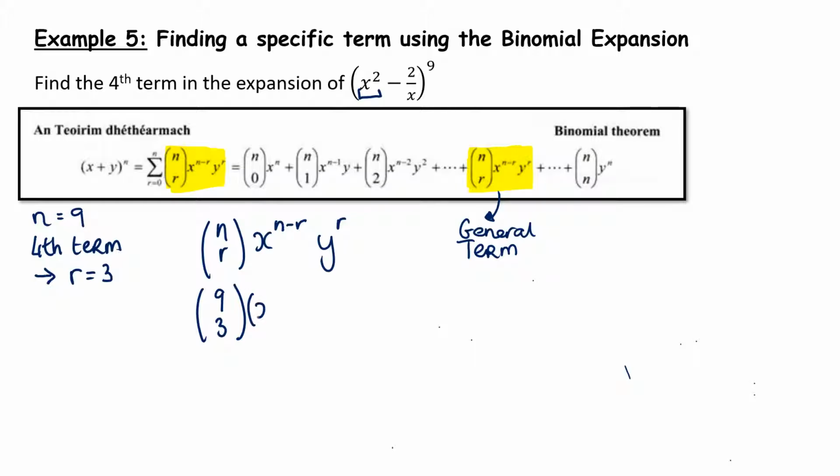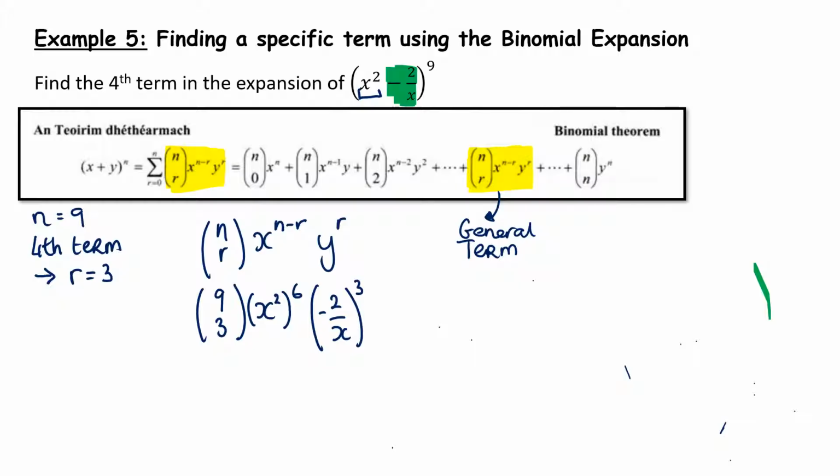So I have x squared, and it's n minus r, so 9 minus 3, so it's power 6. Now my second term, and I'm going to just highlight this, it's this whole piece here, including the sign. So that's really important. So minus 2 over x to the power of r, which is 3. So that's using my general term to get the fourth term.